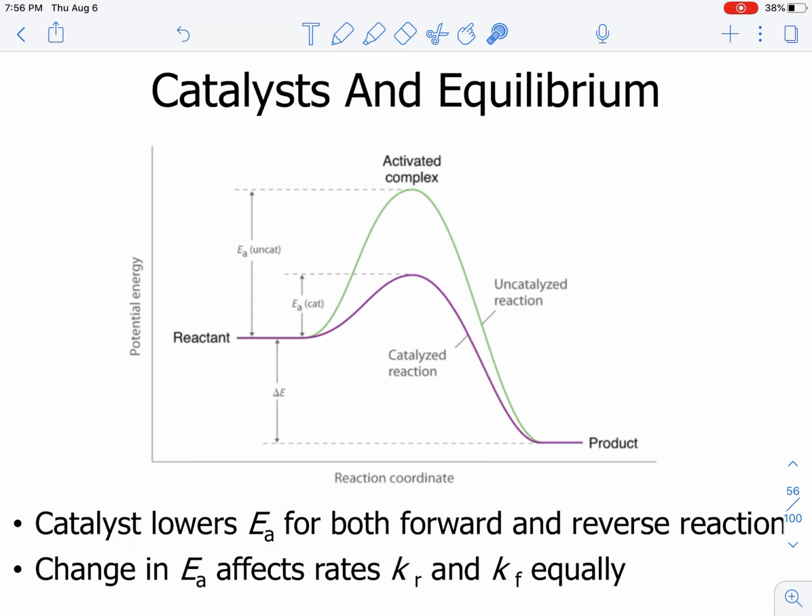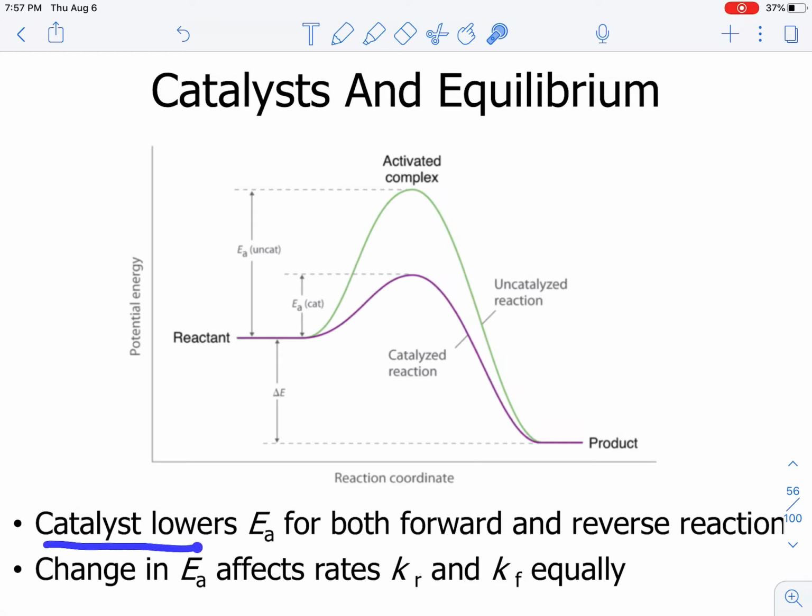So looking at this potential energy diagram, if we follow the path in green, that's going to represent the path for an uncatalyzed reaction, where the activation energy is much higher than the activation energy for a catalyzed reaction, which is the path in purple.